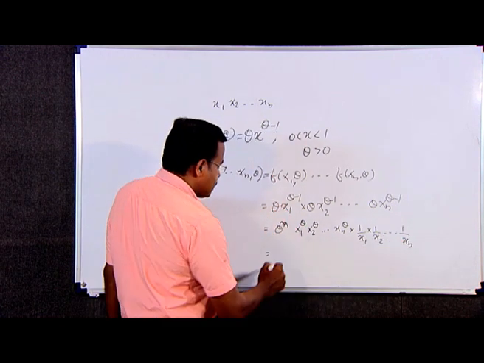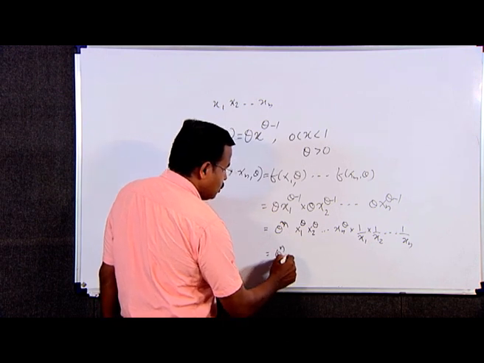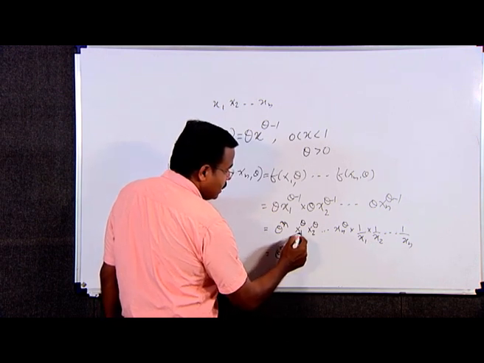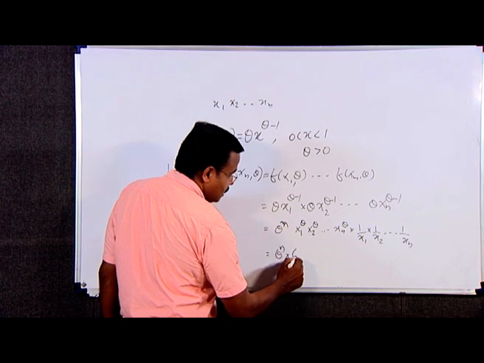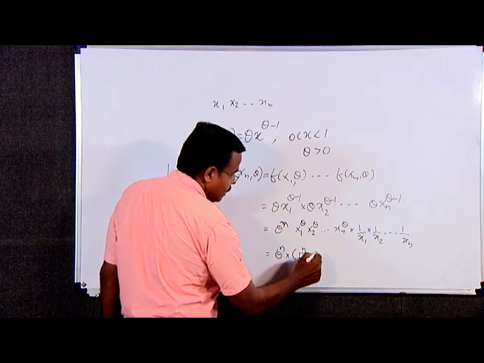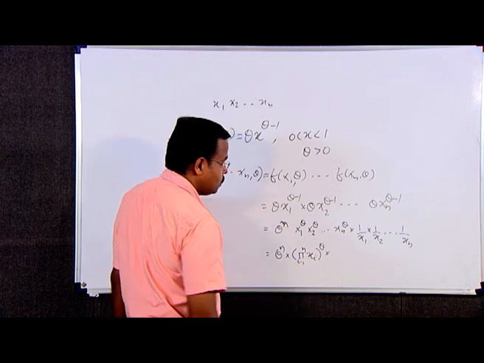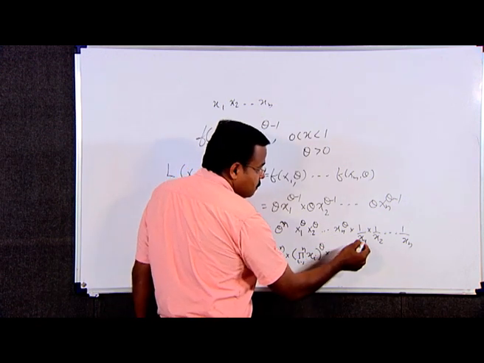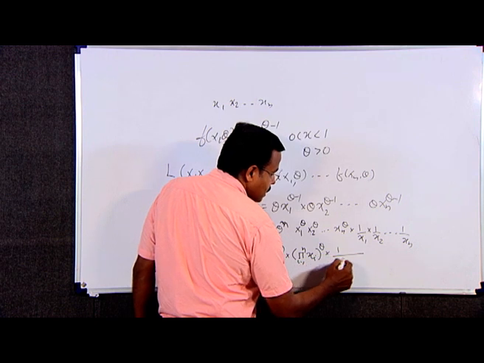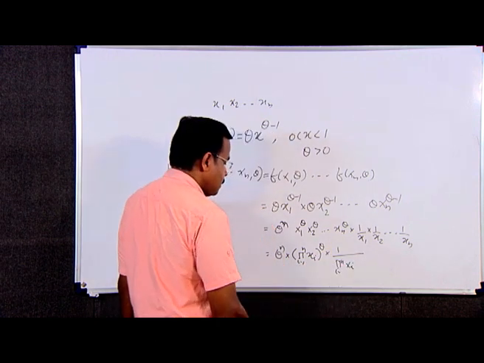So, we can write it as theta raised to n into (x1 into x2 etc. into xn), that is product i from 1 to n of xi, raised to theta into 1 by x1 into 1 by x2 etc. into 1 by xn, that is 1 by product i from 1 to n of xi.